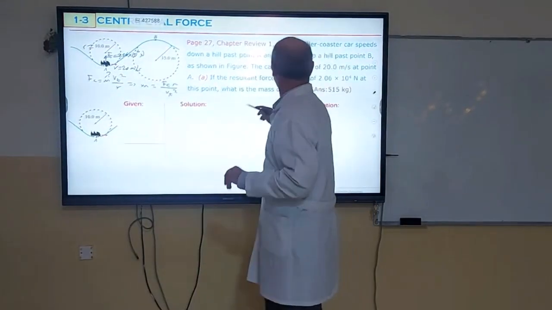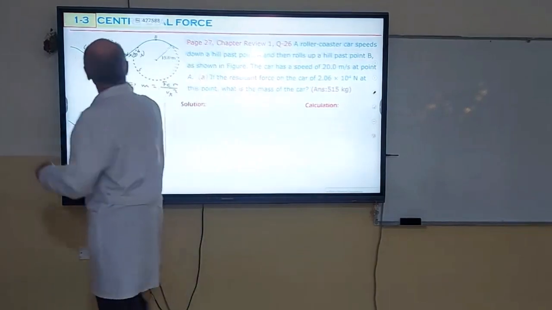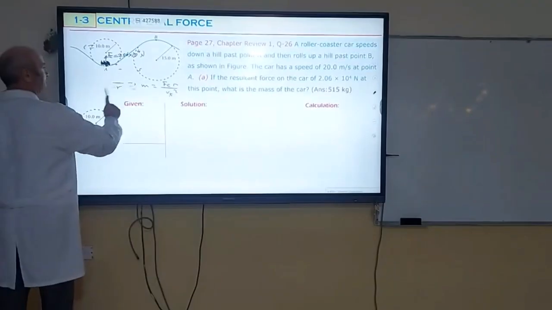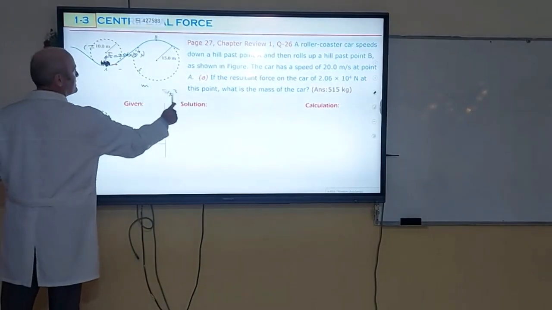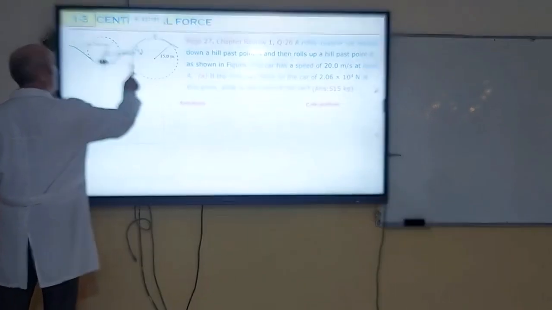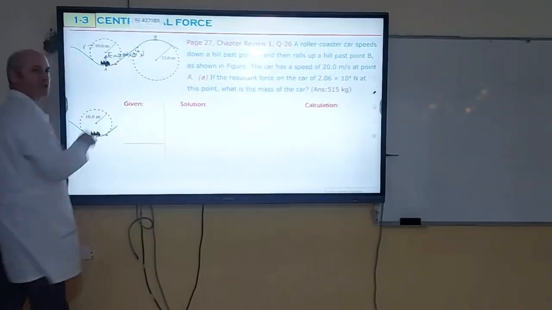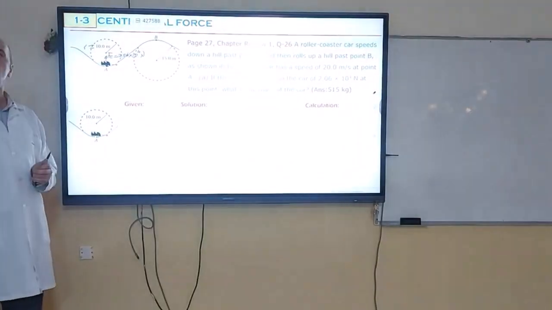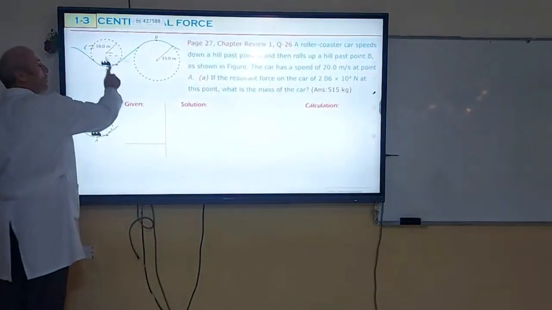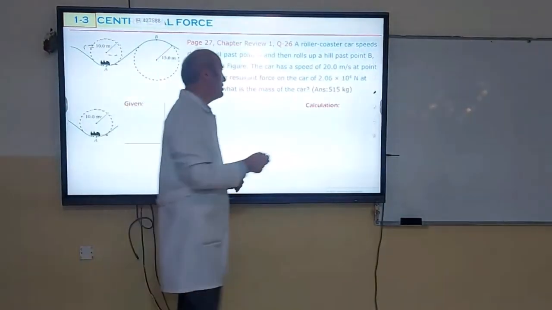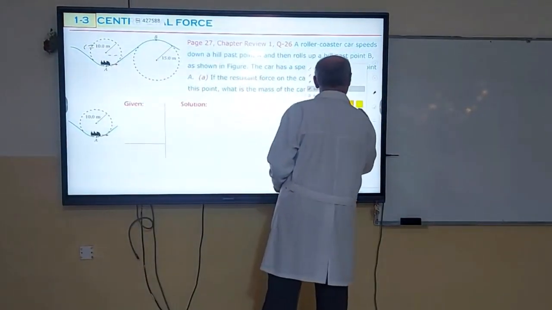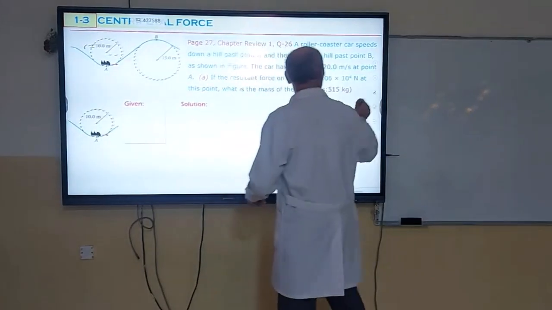Yes, at that position, I know that Fc is the resultant effective force towards the center, in the upward direction. But normally this centripetal force comes from two forces acting on the car at that position. What are these two forces? One of them is gravitational force.